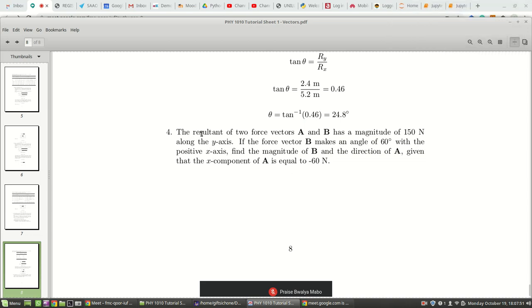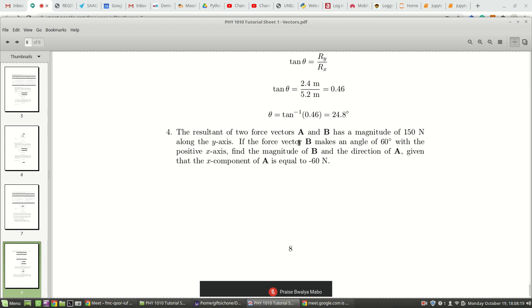It says the resultant of two force vectors A and B has a magnitude of 150 newtons along the y-axis. So if you add A plus B, along the y-axis, A plus B has a size of 150 newtons.